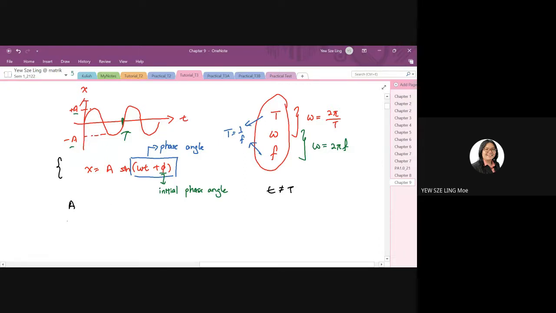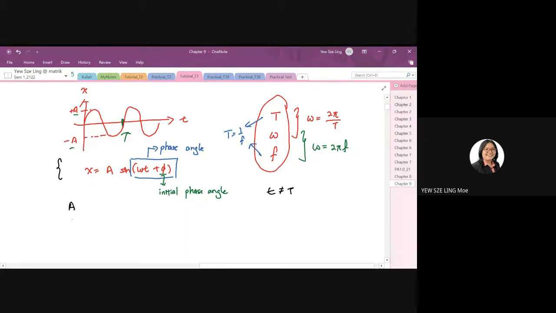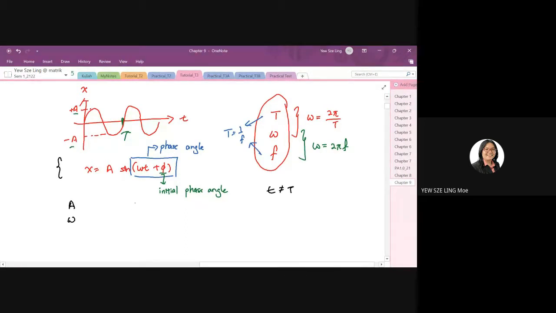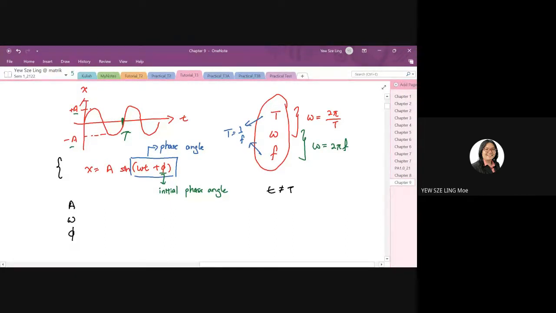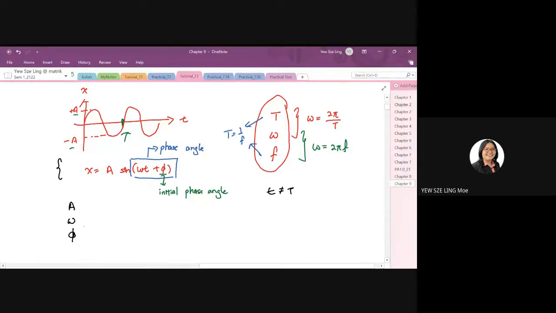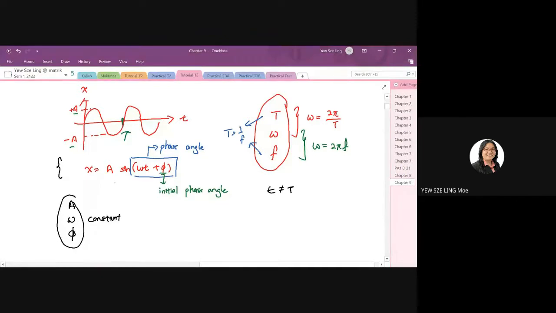And if the object is moving with the same frequency, then it will have the same omega. So omega is also constant if there's no external force acting on it. It will keep moving at a constant angular speed. And the initial phase angle, of course, is fixed, because you have only one starting position. So these three quantities are constant, which means you can substitute the values into the equation if the question asks you to form an equation.